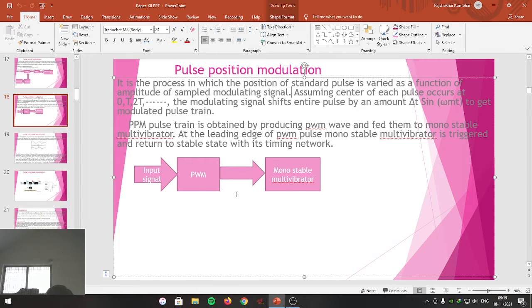Dear students, the input signal to be modulated is given to the PWM circuitry. PWM produces the variation of the width at the output. This signal is used to trigger the monostable multivibrator, and at the output we get the train of shifted position pulses, which we call the pulse position modulated wave.